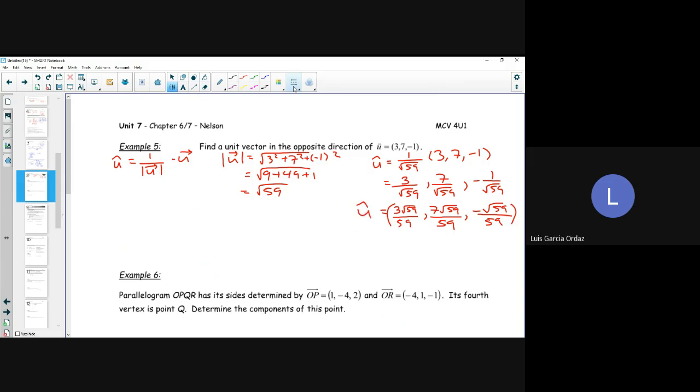Now I want it in the opposite direction, so I need to figure out what negative unit vector u is going to be. So who can tell me, based off our unit vector u, what my negative unit vector u is going to look like? Literally, what do I just have to put in front of each of these numbers?